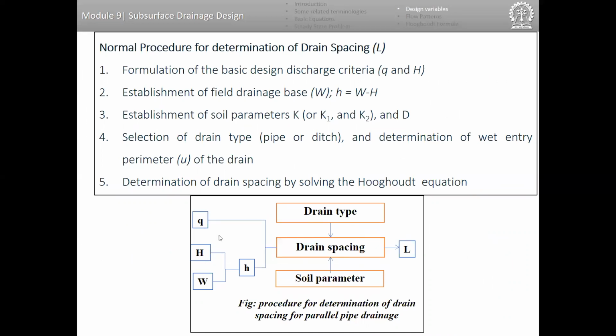Based on the design discharge and this depth of water table, we can decide the drainage base, and with that we can calculate the hydraulic head that is going to drive the flow towards the drain. Then, depending on what kind of soil we have, soil parameters and drain type, the drain spacing can be calculated.